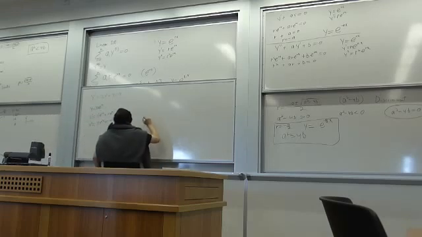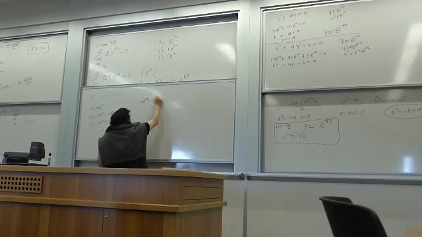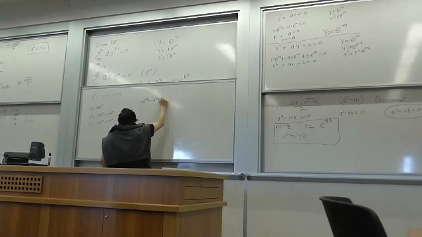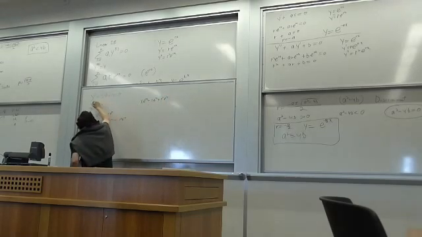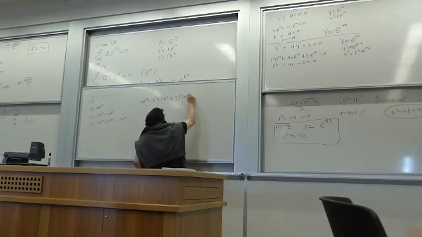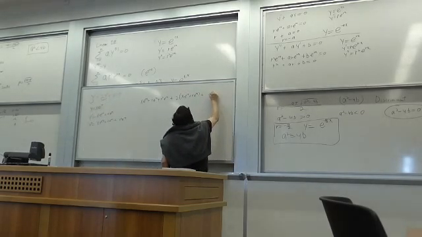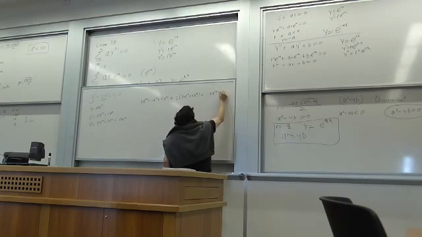Now, when I add these all together, what do I get? x e to the rx plus r e to the rx plus r squared e to the rx. That's this component. Plus 2 times x e to the rx plus r e to the rx. That's this component. Finally, plus x e to the rx equals 0.